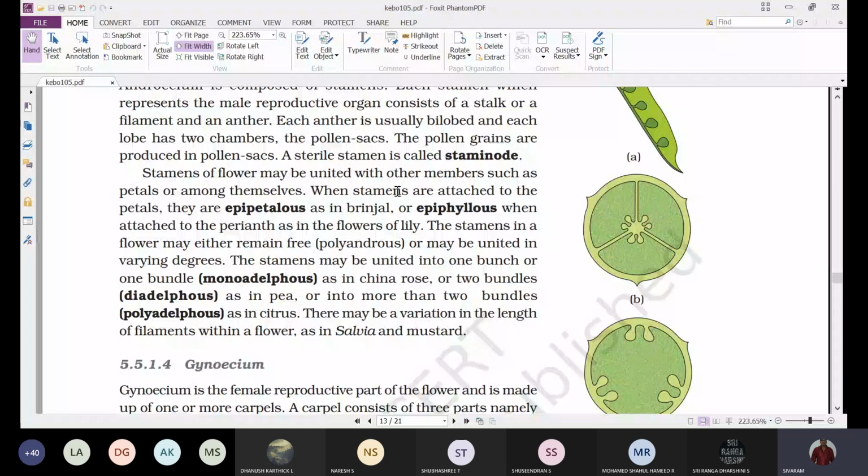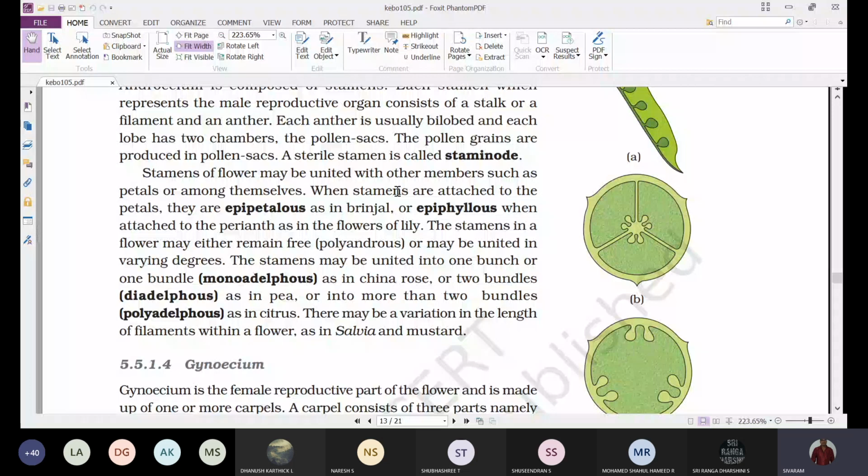That means we are unable to distinguish sepals from petals, so here we call it a perianth. And in lily, what happens? The stamens are attached with the help of their filaments to the tepals of the flower. That phenomenon we call epiphyllous.